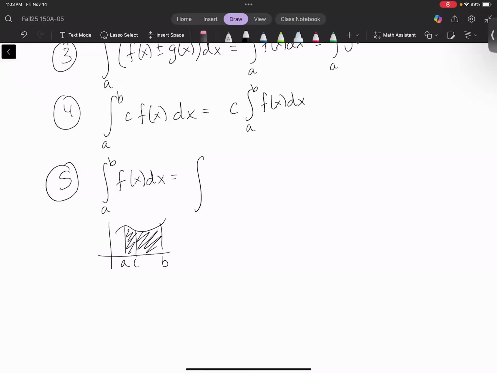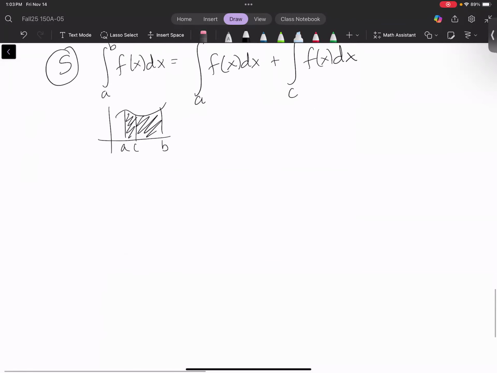So this integral is equal to the integral from A to C of f of x dx plus the integral from C to B of f of x dx. Okay? As long as C is, well, C can actually be anything, but yeah, intuitively, C is in the middle, right?